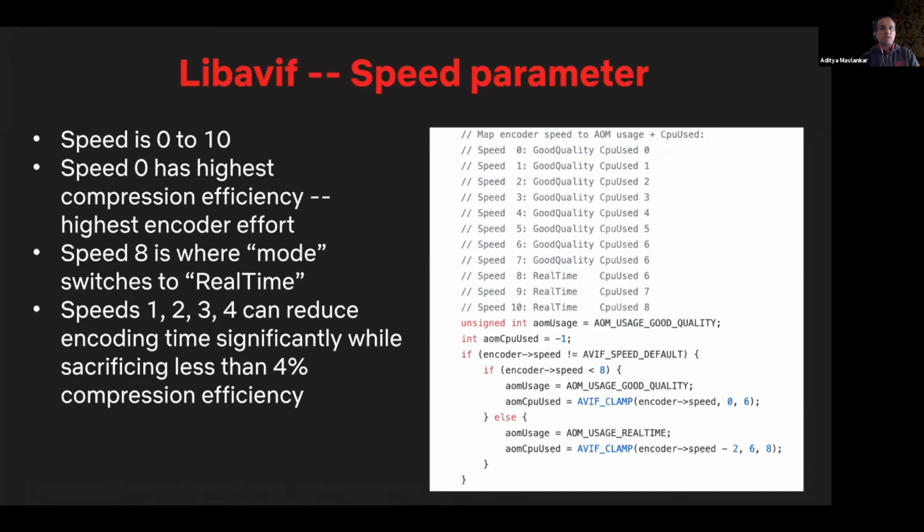And what we've seen is with speeds 1, 2, 3, 4, we can reduce encoding time significantly while sacrificing less than 4% compression efficiency. But if we employ something like speed 8, we see almost a 20% sacrifice. So essentially, we are giving up almost 1/3 of the gains from JPEG. So our recommendation would be to avoid speeds greater than 4.